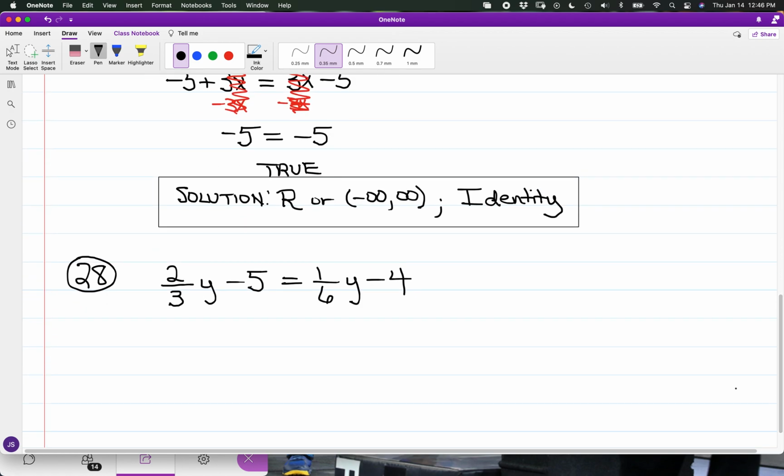That is one option. But if you want to take care of the fractions, because we're dealing with an equation, I can just go ahead and clear out the fractions. I can multiply everything in the equation by the least common denominator of 3 and 6, so this is going to be 6.